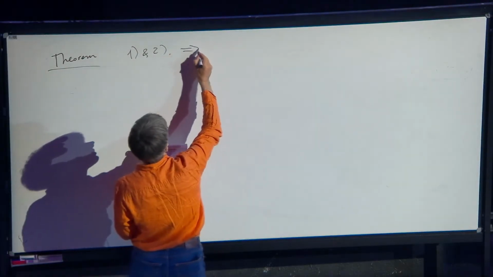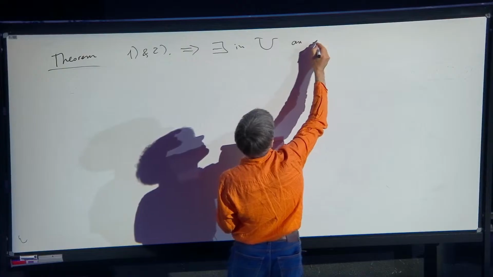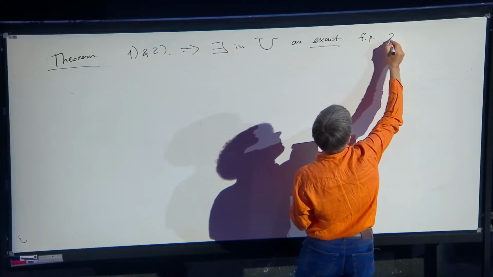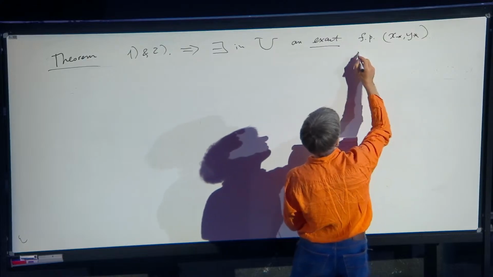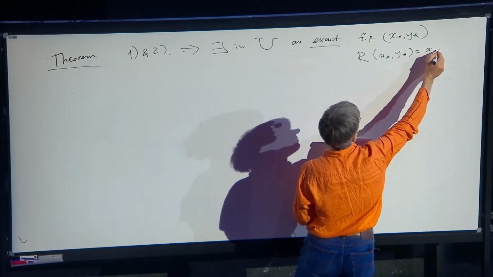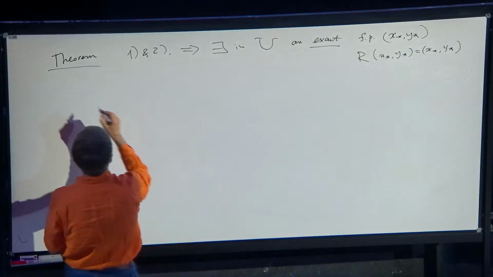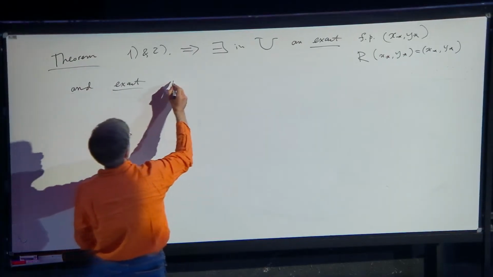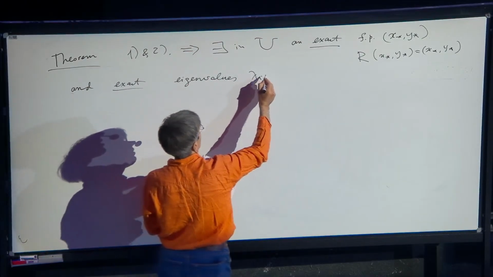I can show that there exists in U an exact fixed point x star y star. So it's exact in the sense that R of x star y star is equal to x star y star. And exact eigenvalues lambda I star.